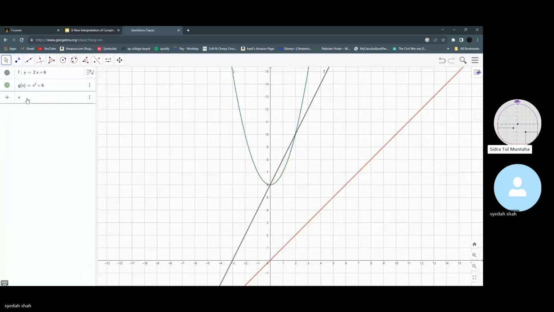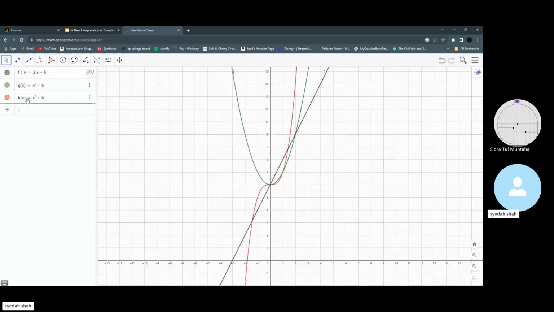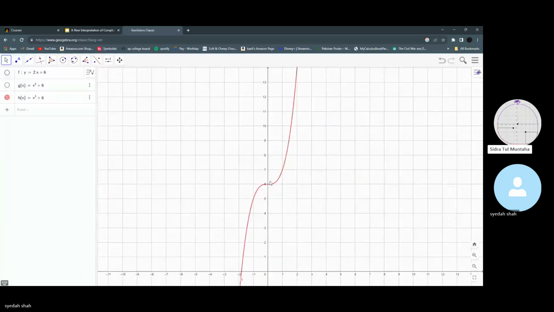Okay, so just write the cubic equation. Okay, so now can you please hide this linear and quadratic equation and just zoom into this cubic curve.